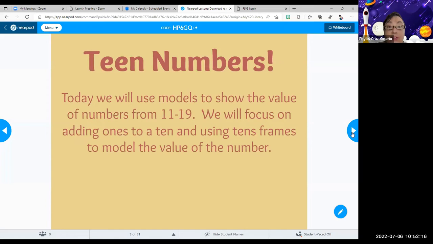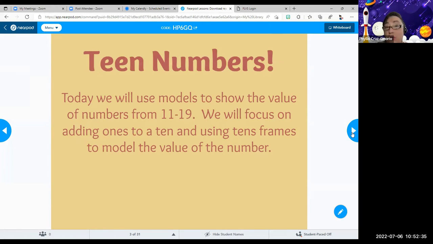Teen numbers. I said a little bit earlier that I would explain why I wanted to do this lesson. And that is because teen numbers can be a little confusing, and a lot of times students get them confused with other numbers.